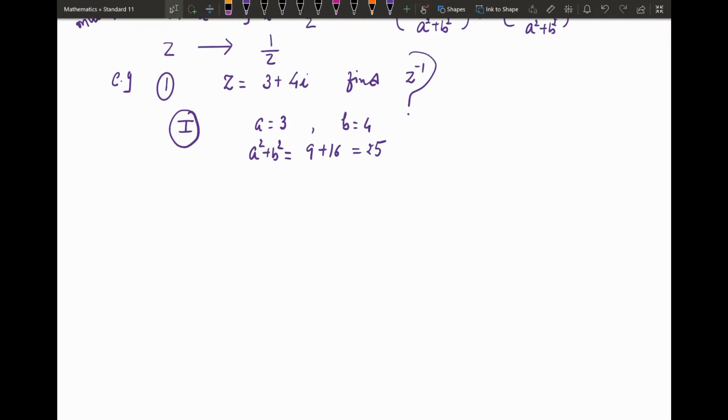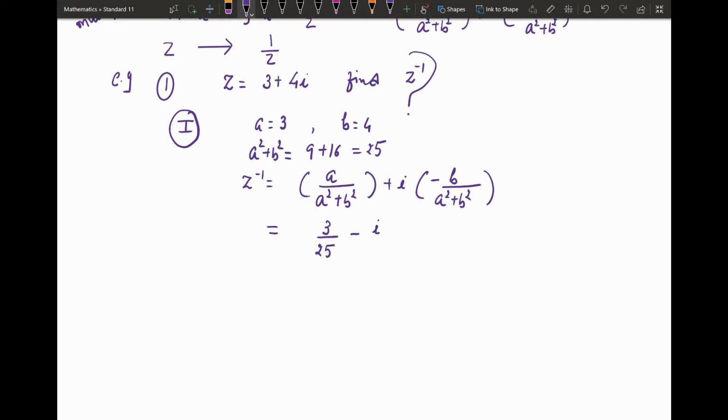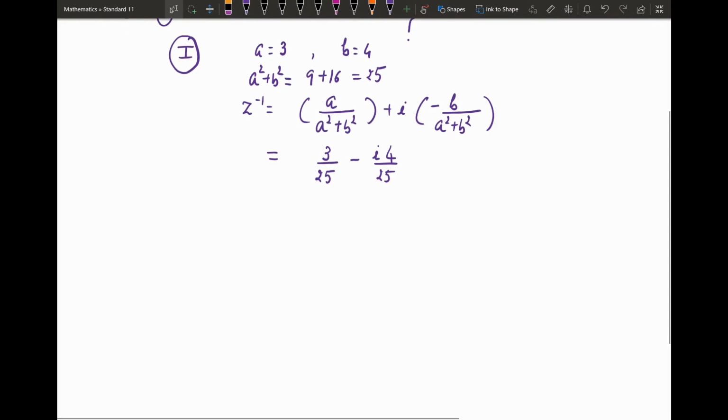So by formula z inverse is a upon a square plus b square plus i into minus b upon a square plus b square. So according to the formula, this is 3 by 25 minus i, b is 4, so 4 upon 25. This is according to the formula.